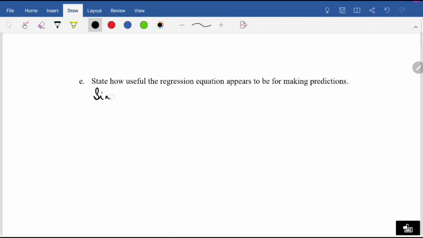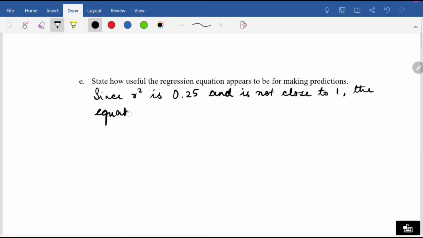So you can say since r squared is 0.25 and is not close to 1, the equation will not be useful in making predictions.